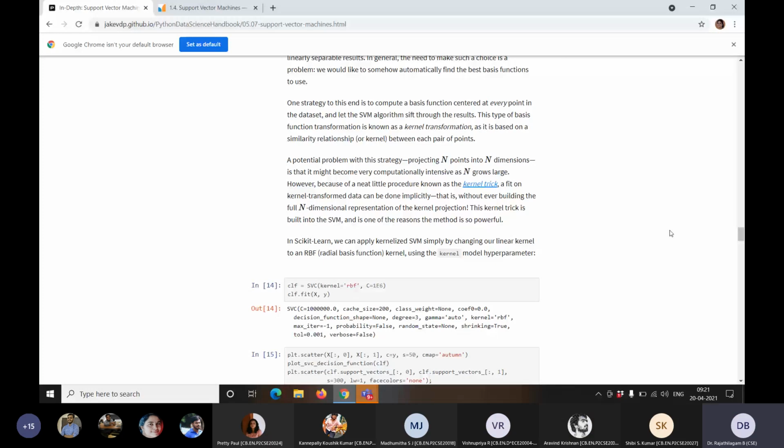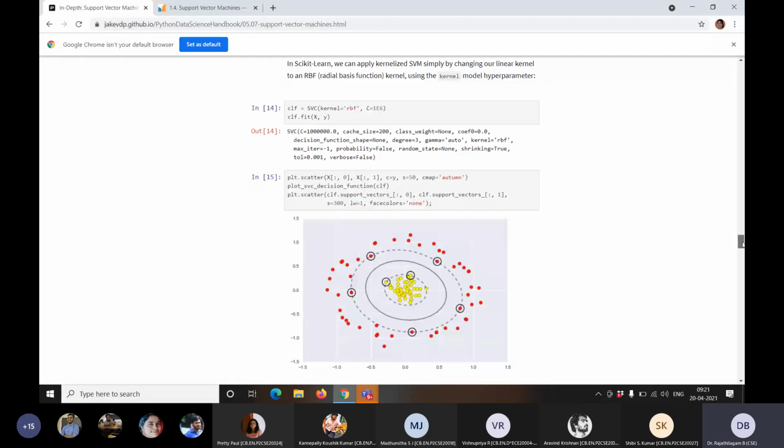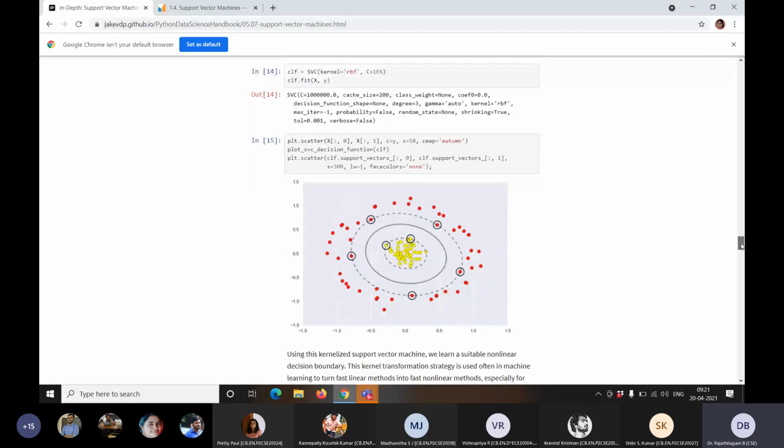So as you look at this example, we had shared this example in the chat window before, jakevdp.github.io. You can check the chat window earlier. You can see here, this is what we are talking about. So you have these yellow data points and the red data points. Using a straight line, we will not be able to separate both the data points as 2 different groups.